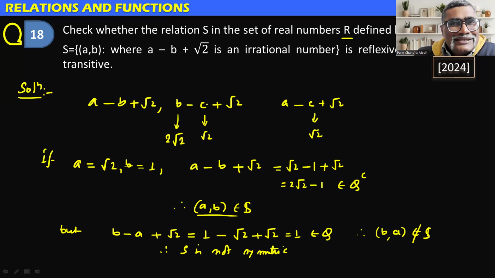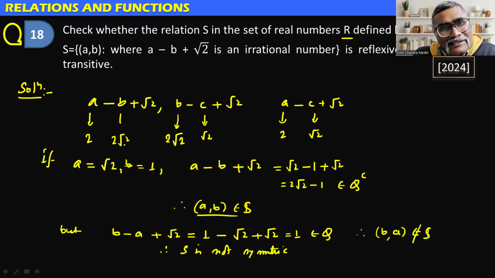That means B comma C will be belonging. Now this is 2 root 2. So it is plus root 2, this is minus 2 root 2. And this quantity is still giving you minus root 2. So it is irrational, right? You can take any rational number here. So what did you observe?